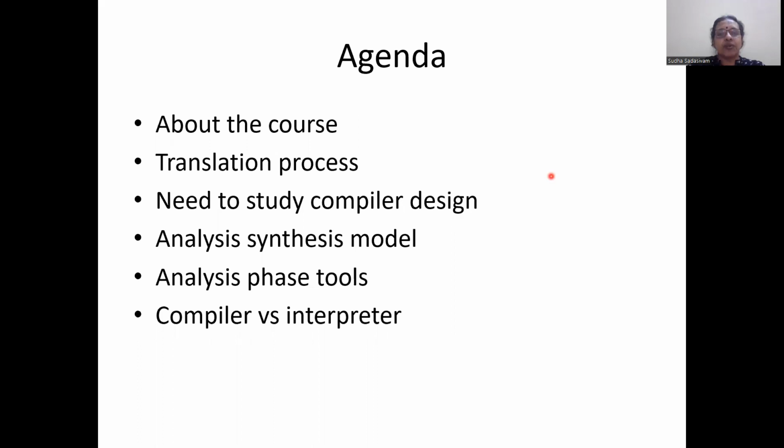In this module, you will be studying about what are the basic contents of this course and what is the process of translation, what is the need to study this particular course, what is the analysis synthesis model of the compiler, and the tools that can be used in the analysis phase, and the difference between compilation and interpretation process.